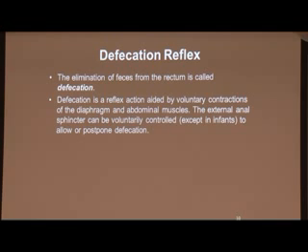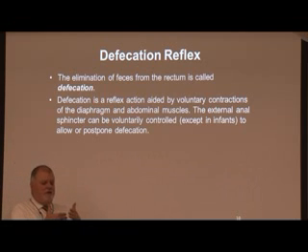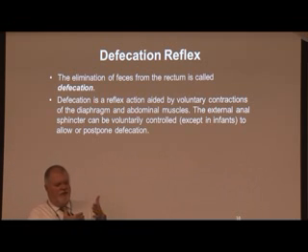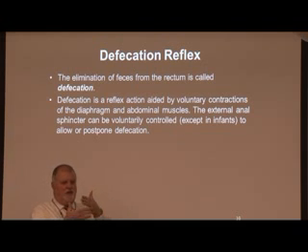So once we form feces in our transverse colon, we have a couple of reflexes that we talked about that control the movement of feces from the transverse colon into the rectum so that you can defecate.